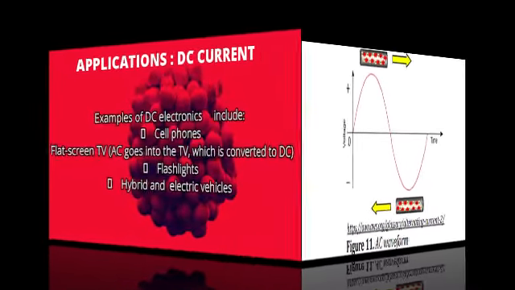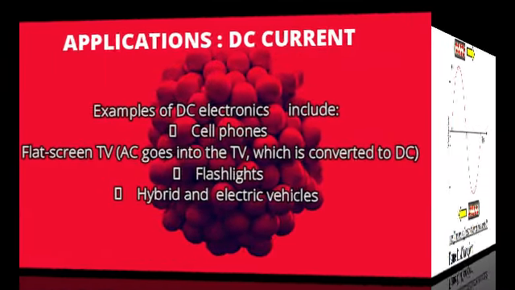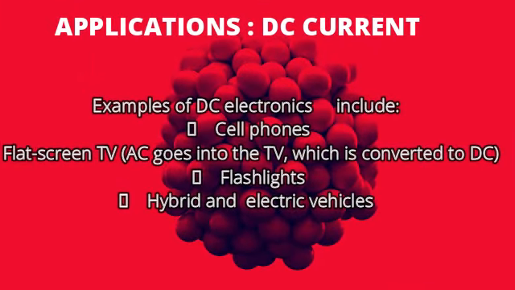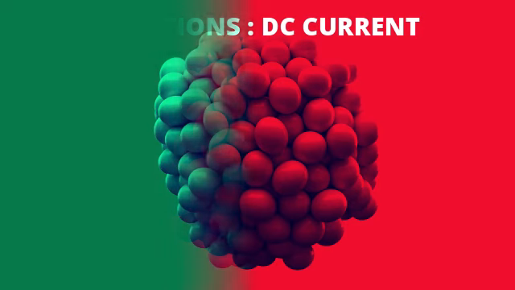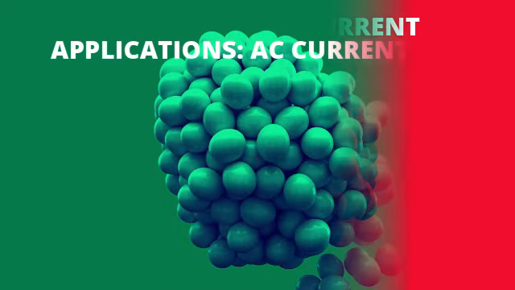Everything that runs off a battery, plugs into the wall with an AC adapter, or uses a USB cable for power relies on DC. Examples of DC electronics include cell phones, flat screens, TVs, flashlights, hybrid and electric vehicles. Home and office outlets are almost always AC.